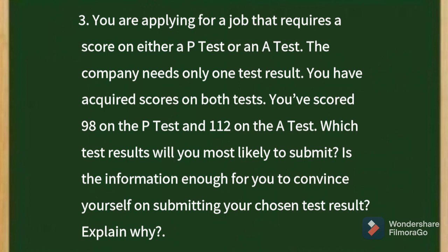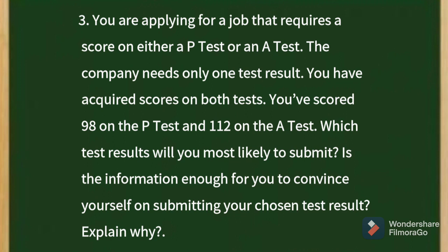Number 3. You are applying for a job that requires a score on either a B test or an A test. The company needs only one test result. You have acquired scores on both tests. You've scored 98 on the B test and 112 on the A test.